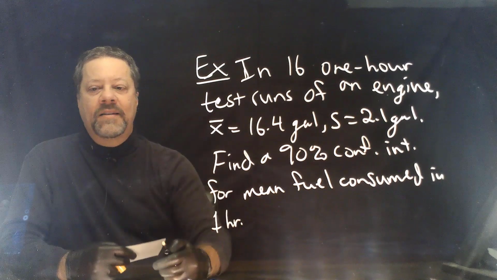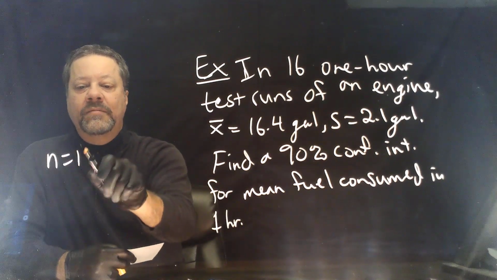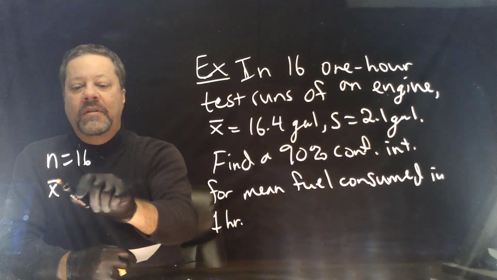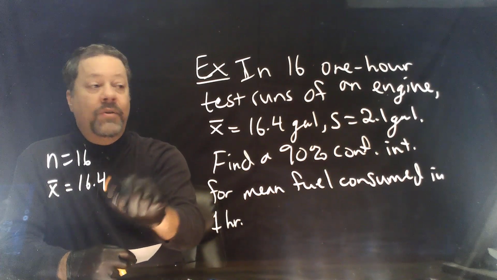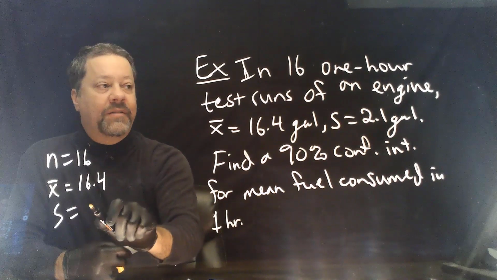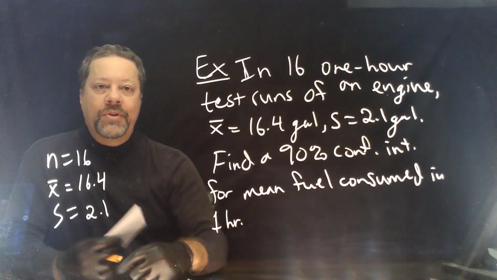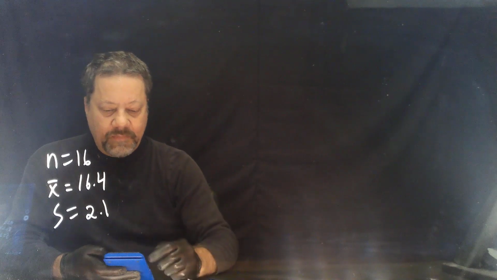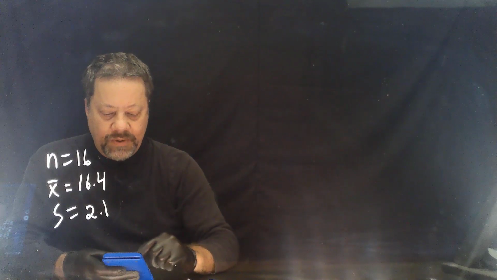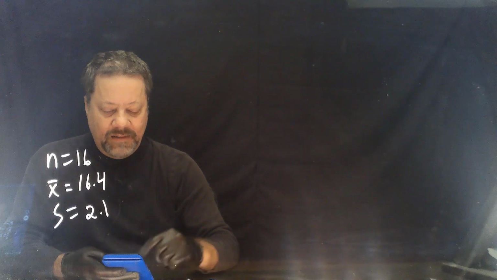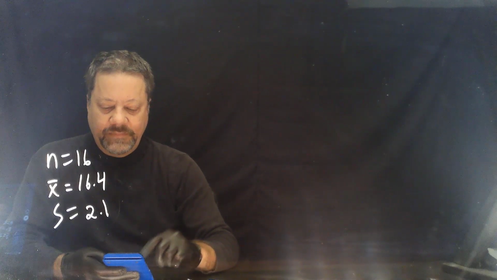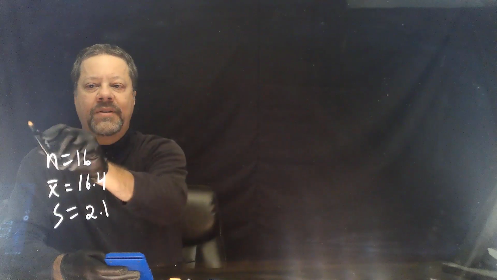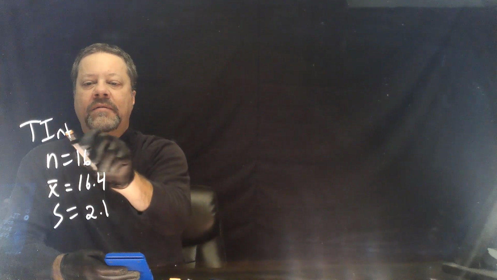In this case, the sample size is small, so no matter what, you're going to be using the student's t distribution. But in addition, you only have the sample standard deviation, so you would have used student's t anyway. In calculating the confidence interval, we can simply use stat tests t interval.